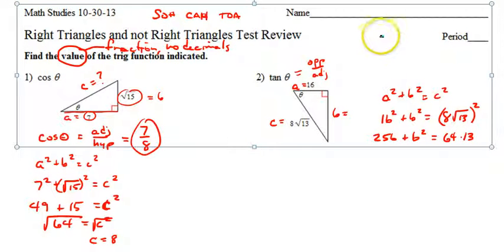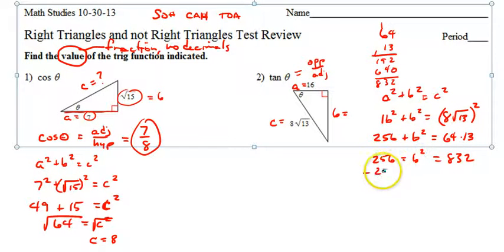Let's see, 64 times 13 is 832. This is 256. This is b squared.